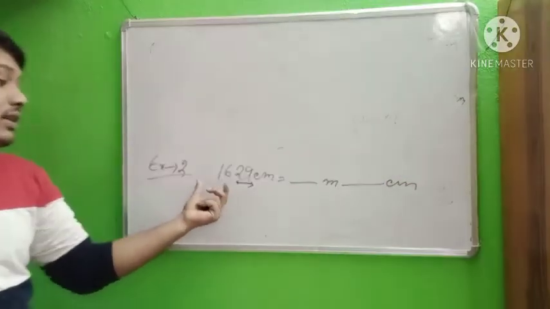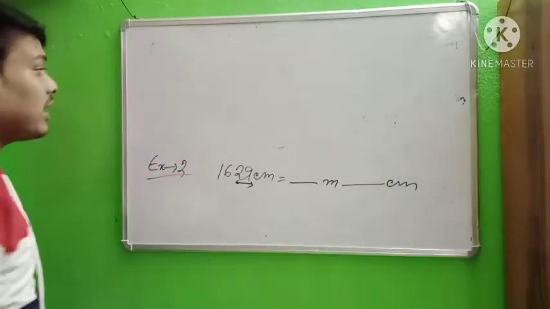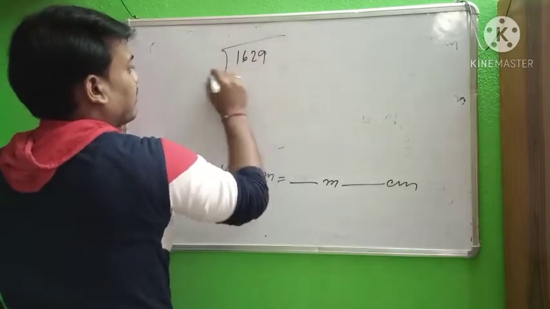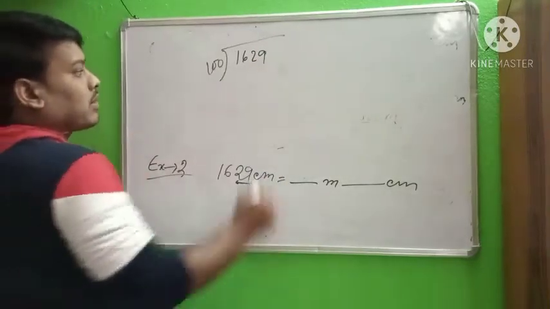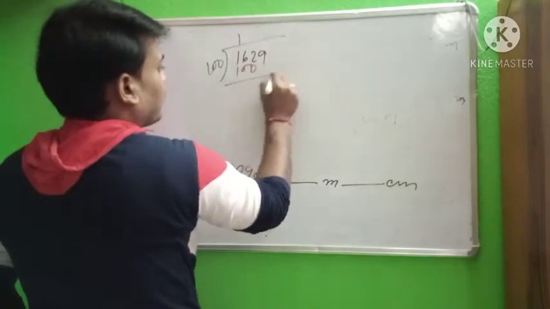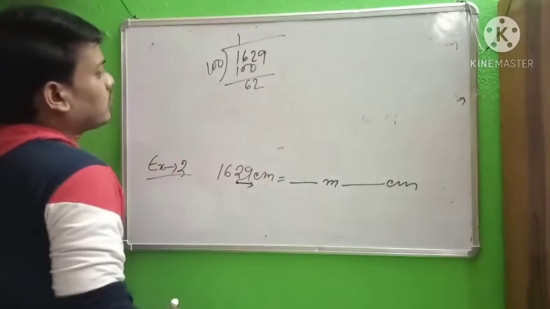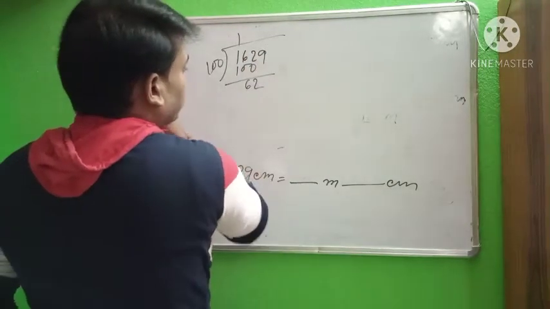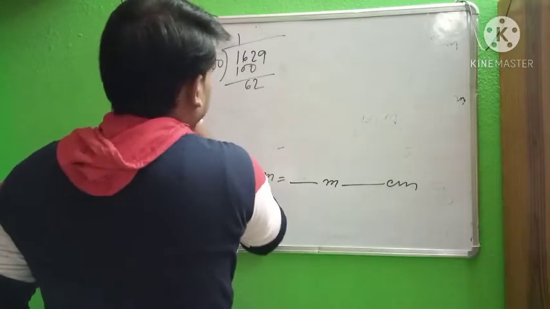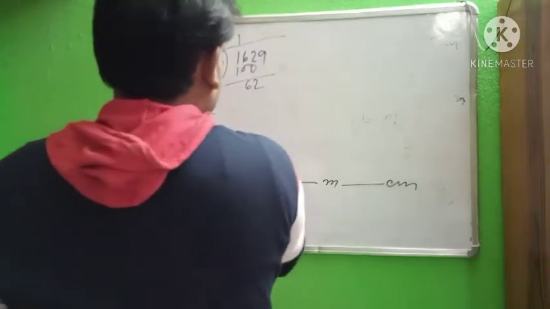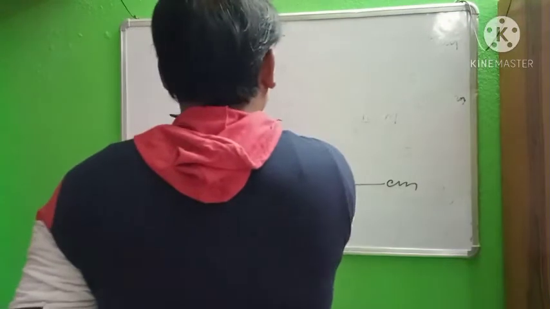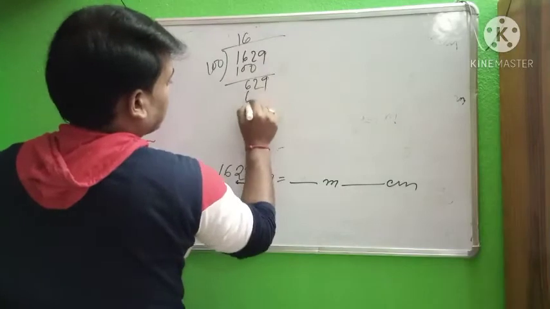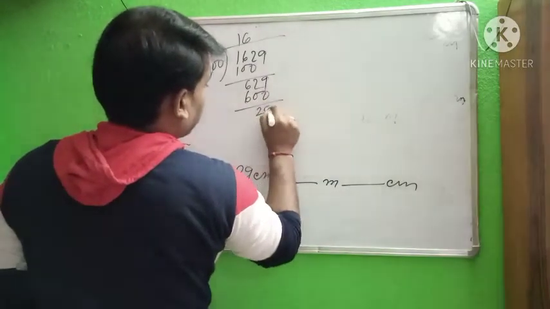When we convert centimeter to meter, we have to divide it by 100. So 1629 divided by 100. 16 comes as the result, and 29 is the remainder.